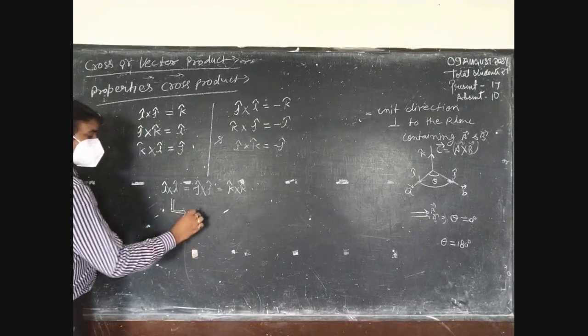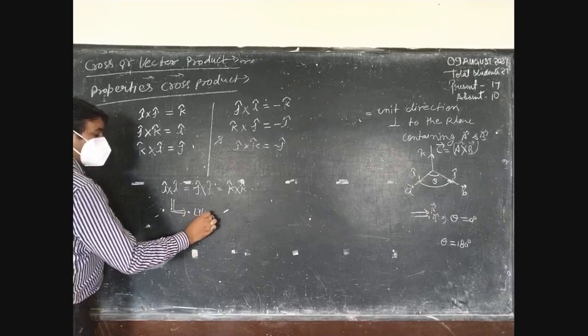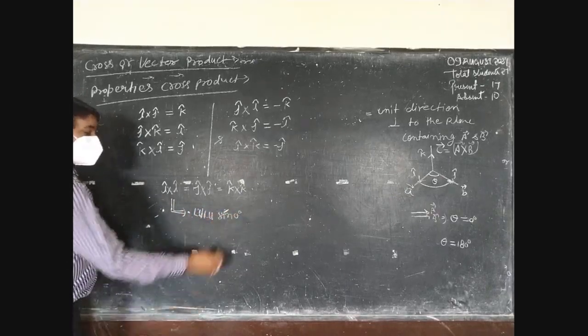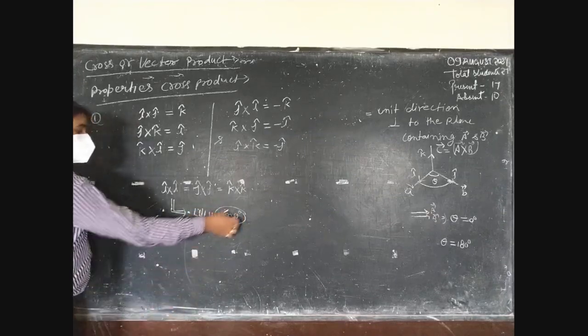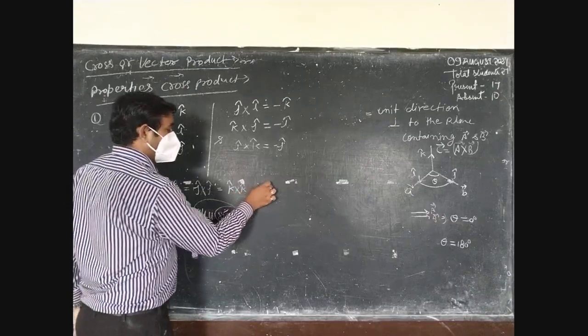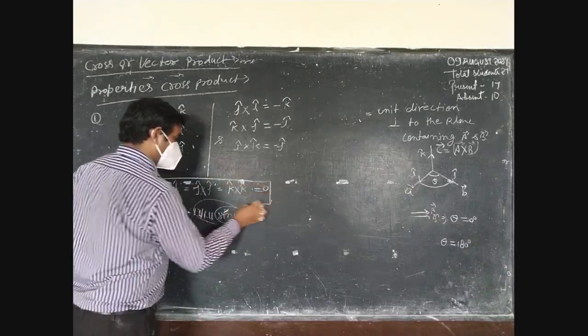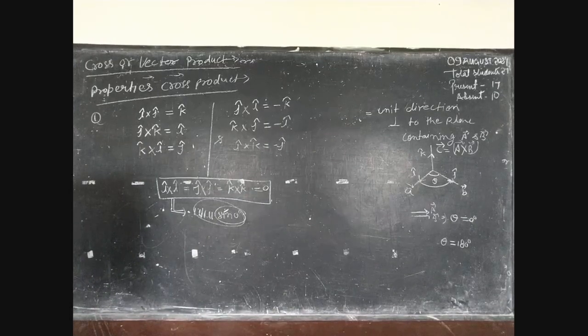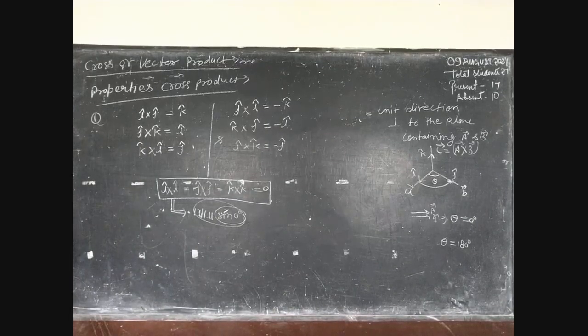We get the modulus of i times sine 0 degree, and sine 0 is 0. The total value is 0. So this is equal to 0. Understood? Okay, next slide.